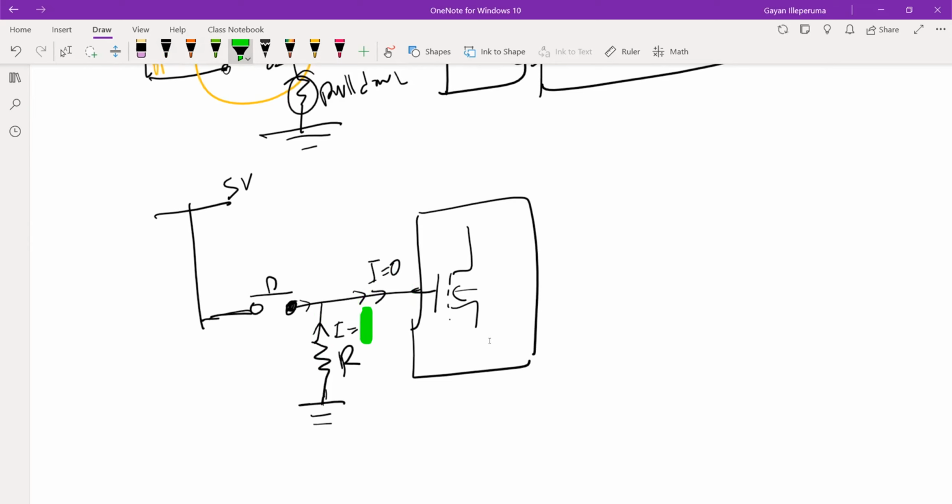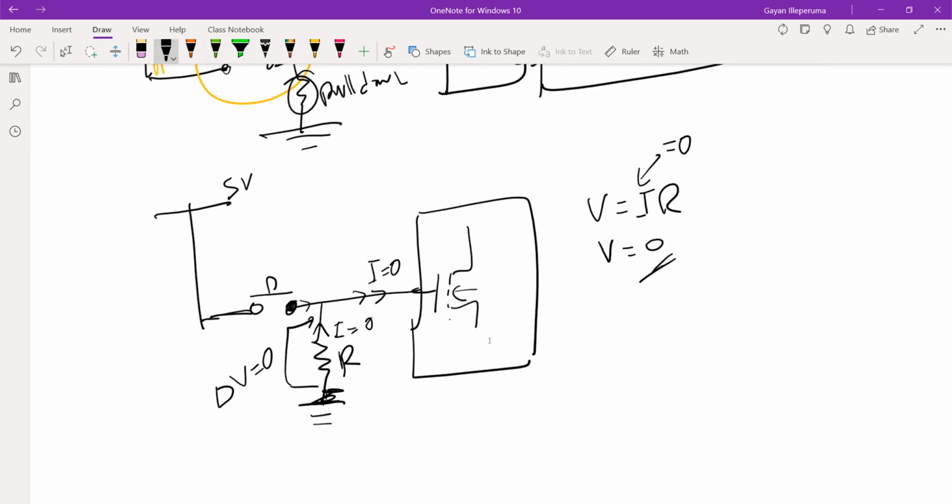So if you use Ohm's law, if I is zero, that means the voltage across this terminal also becomes zero. So the voltage across these two terminals is also zero. Voltage difference. This point is grounded. That means this one has 0 volts.